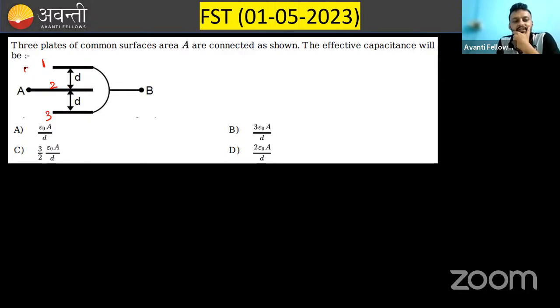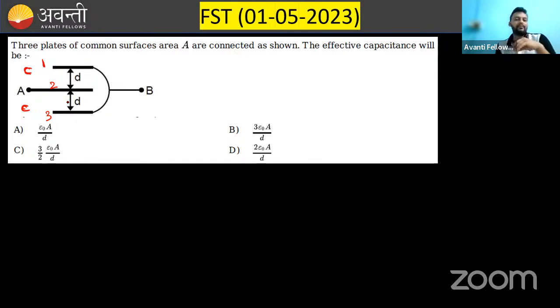Let's suppose this capacitance is C. Using plates 2 and 3, another capacitor is formed. The gap between the plates is the same, so its capacitance will also be C. So there are 2 capacitors, each of capacitance C.